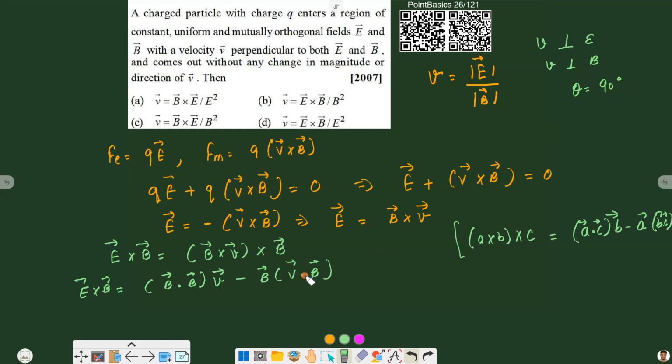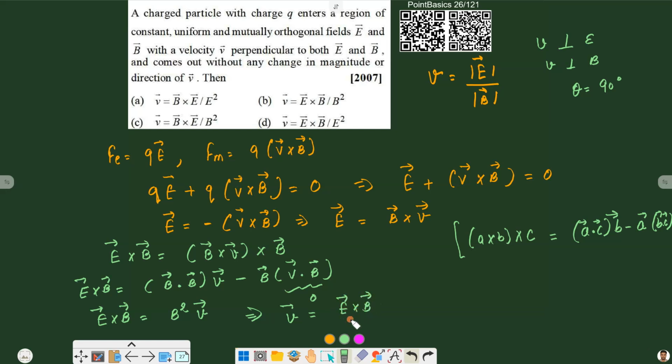And in case of dot product, if the angle is 90 degrees, that term reduces to 0. And here B dot B will be magnitude B square. So we will have E cross B is equal to B square into V vector, and this whole term will reduce to 0.